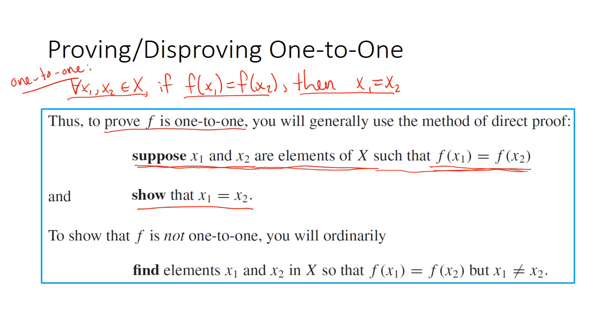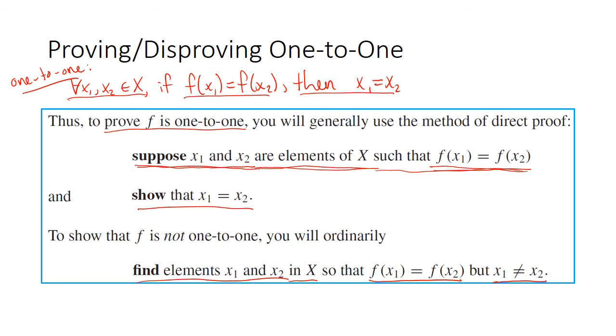Okay? And then if you want to prove that f is not one-to-one, you're going to have to show an example that is a counterexample to this one-to-one definition. In other words, you would need to find elements x1 and x2 in X that would make that if-then statement false. To make the if-then statement false, you need the if part to be true, but the then part to be false.